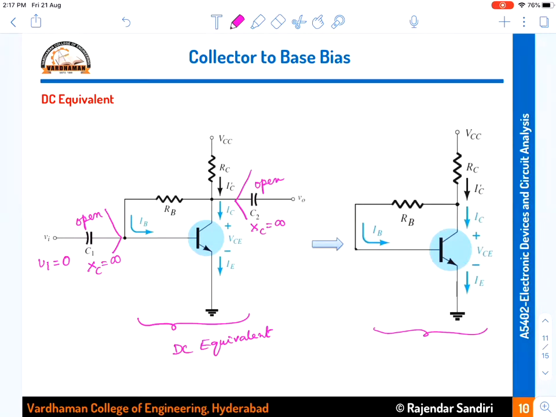For obtaining the DC equivalent, for DC the capacitor acts like an open circuit. Therefore I made XC equal to infinity. The capacitors are open, nothing but the capacitors are removed. If the capacitors are removed, then the input circuit and the output circuit are disconnected. Only the middle portion of the circuit will be the overall DC equivalent. Therefore that is redrawn separately like this.